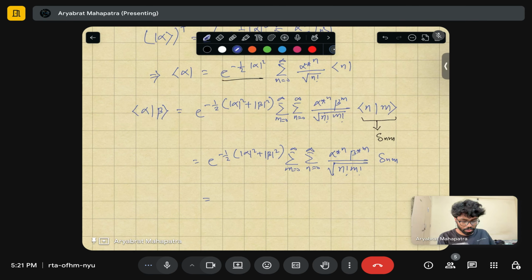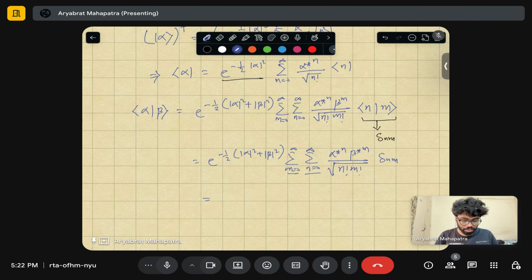Whenever m runs from 0 to infinity, n also runs from 0 to infinity. So whenever m equals some number, let's say m equals 1, then n also has to be 1, such that you will have a non-zero term. If you have m equals 1 and n equals 0, you will get 0 from that particular summation term.